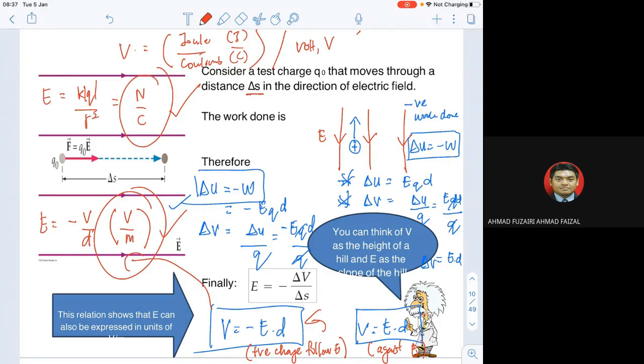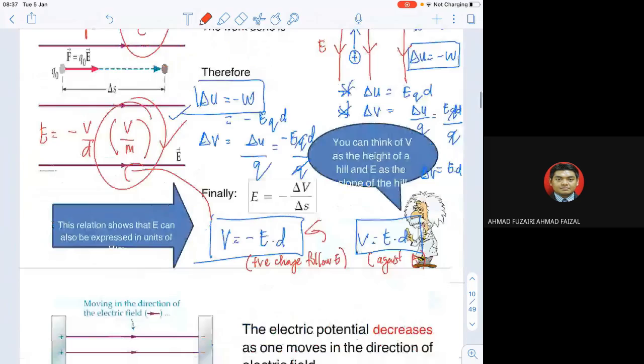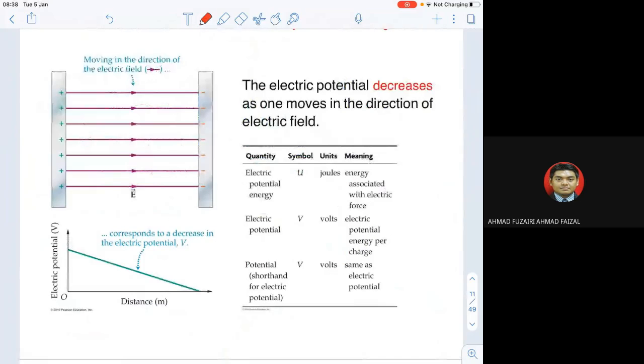Newton is only for force. Volt is for electric potential, or joule per coulomb is also electric potential. Joule only is for electric potential energy.